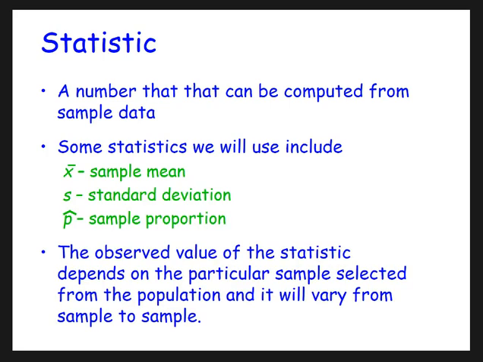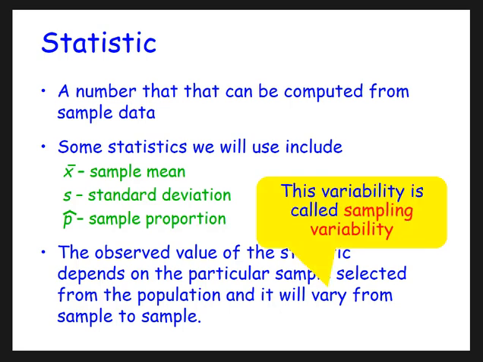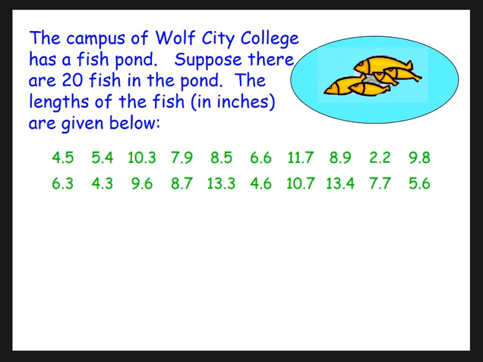The observed value of the statistic depends on the sample we select. So even though we very carefully randomly select that sample, we can get different sample values because each of those samples is going to vary a little bit. That variability is called sampling variability, and that's part of what we're looking to describe in our sampling distributions.